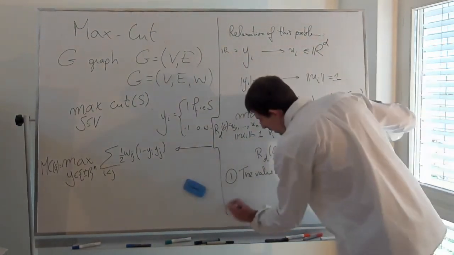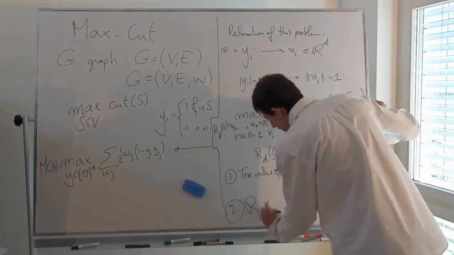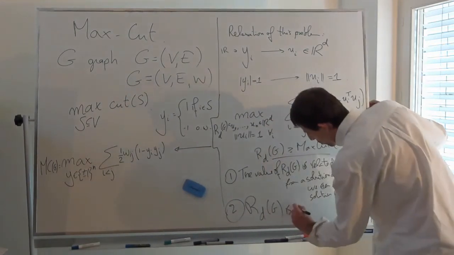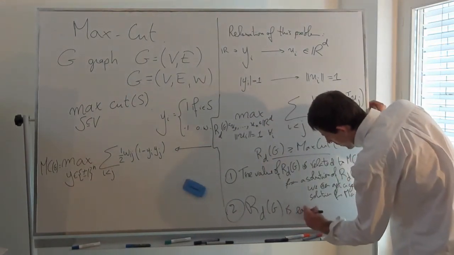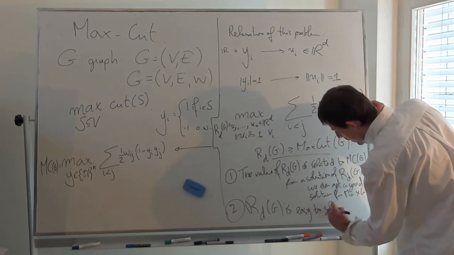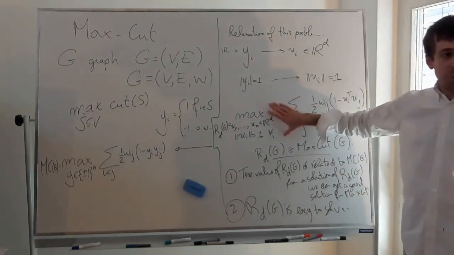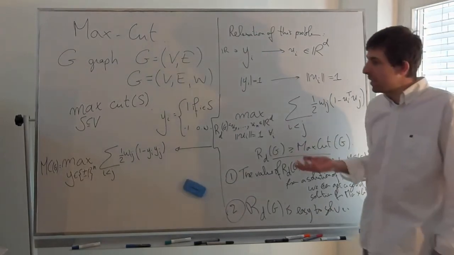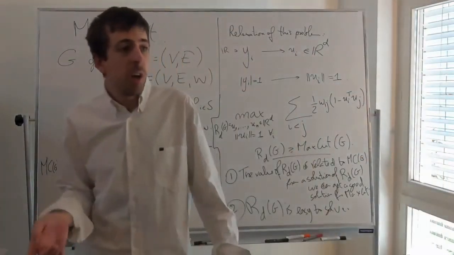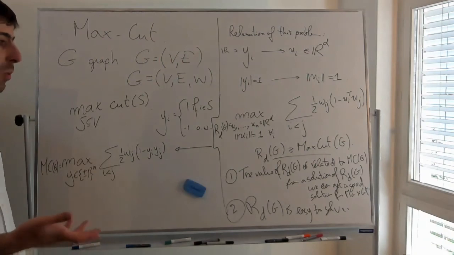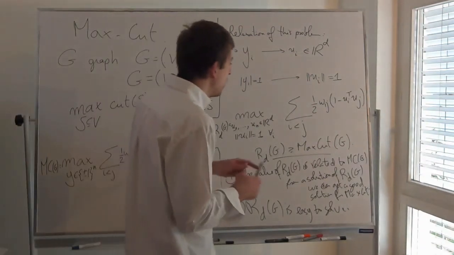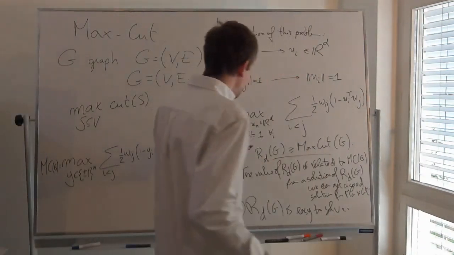And two, that R^d of G is easy to compute, is easy to solve. Otherwise, it's important that this new problem has something to do with the original one, and that it is easy to solve. We saw in the spectral clustering case that this roughly happened.